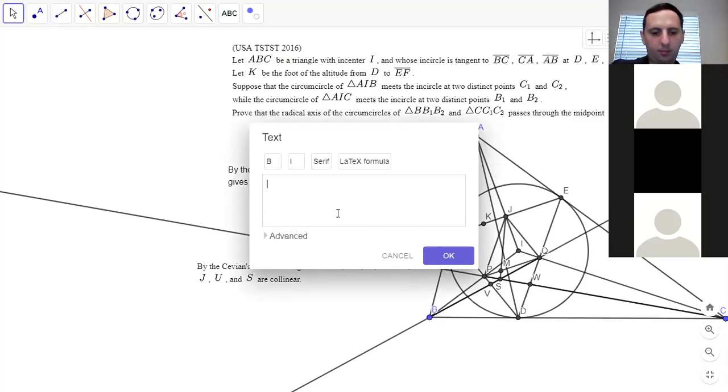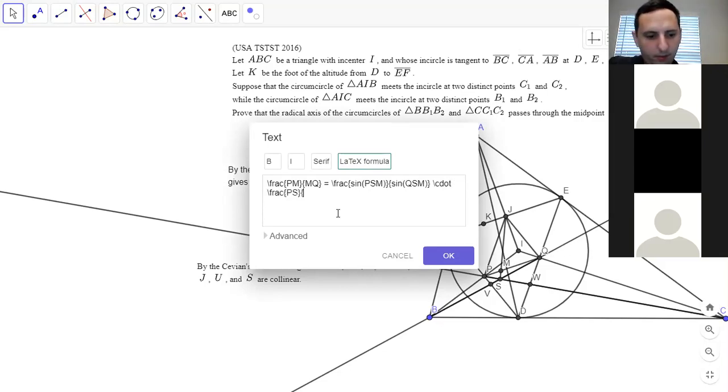So we have PM over MQ. That's sine of PSM over sine QSM times PS over QS.